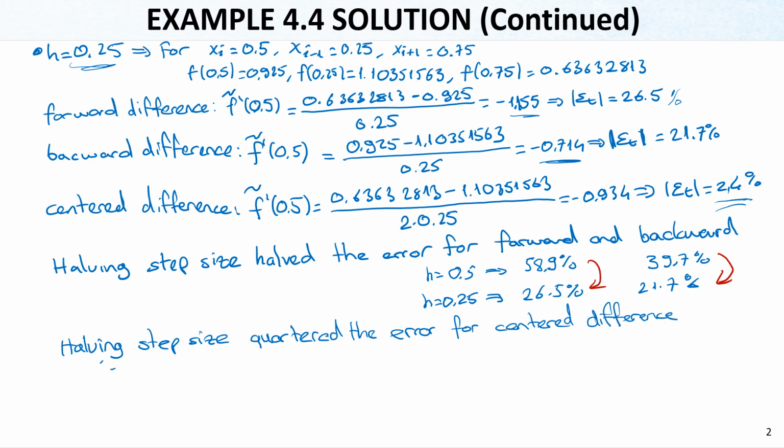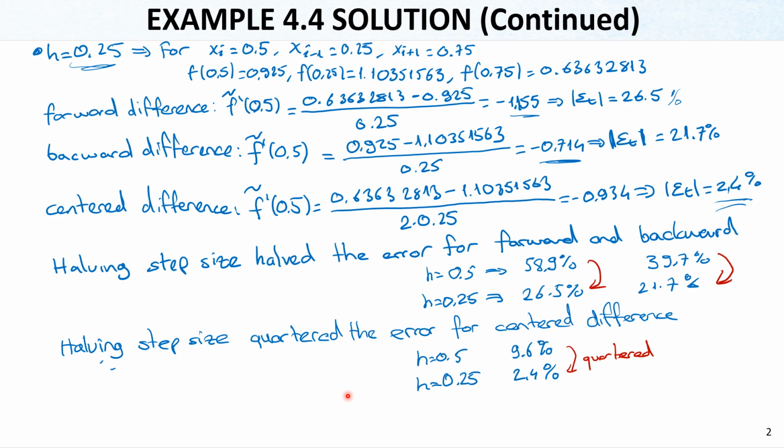And we can see that for h of 0.5, the error was 9.6%, and when we reduced it to 0.25, it becomes 2.4. So it's almost 4 times smaller, quartered. It's very, very small, very accurate. And compared to forward and backward, according to these results, these are much smaller, as expected.